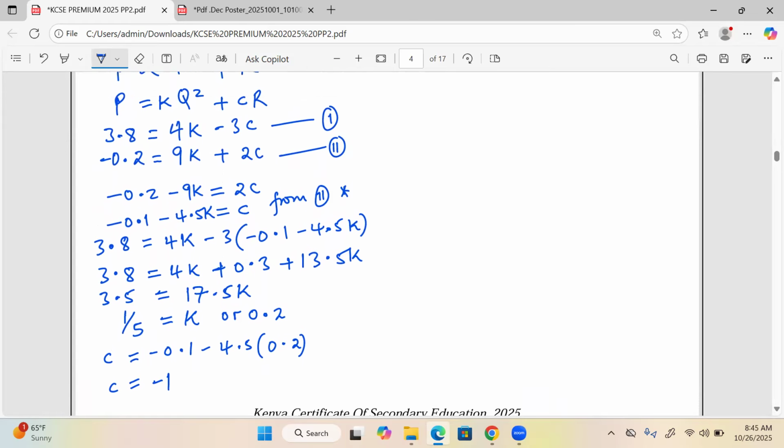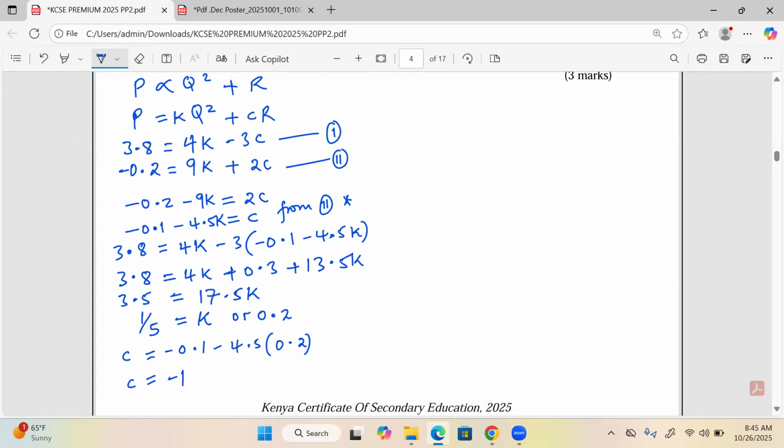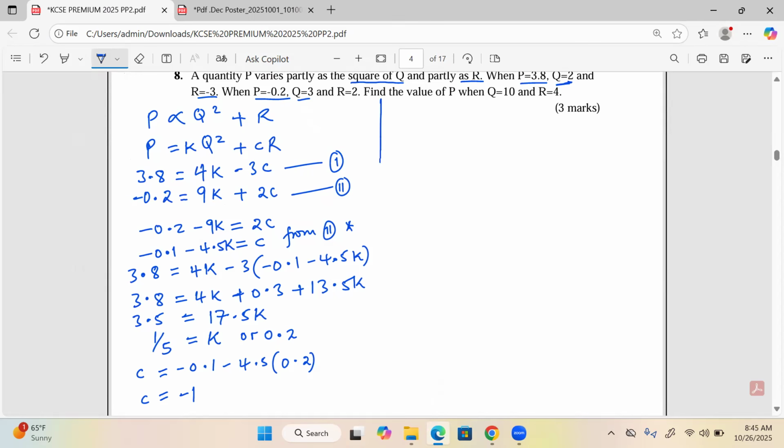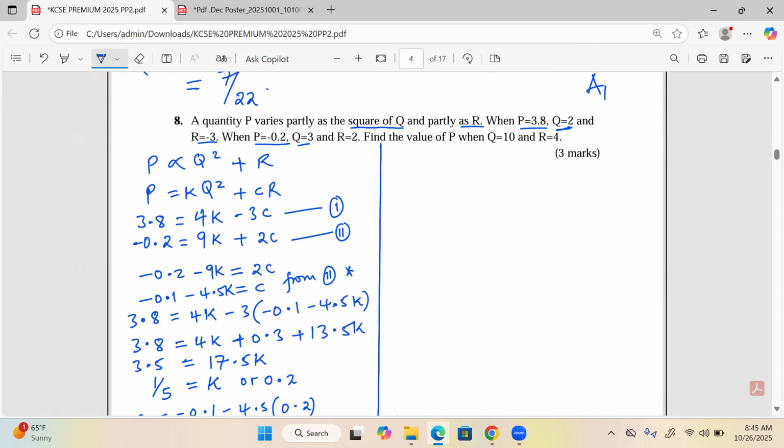Now with the constants already found, we can see that there is a specific equation that now connects P, Q, and R. That equation now shall be this one: P equals the value of K, 1/5 multiplied by Q squared, minus 1, the value of R.